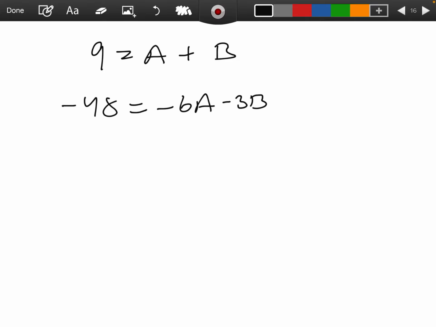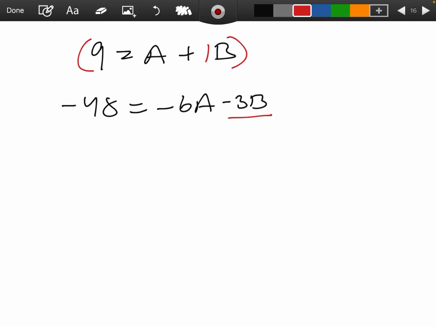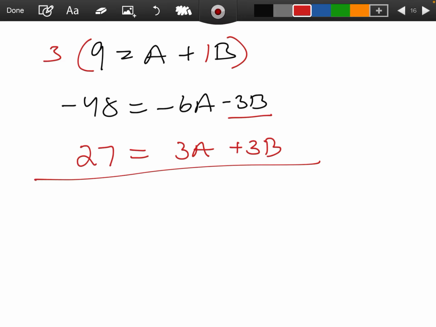Okay, if I want to use the elimination method or the addition method, what I'm trying to do here, y'all, is get rid of either the A's or the B's, okay? So suppose I want to get rid of the B's. If you notice, the number in front of this B is a negative 3. The number in front of that B right now is a 1. So if I multiply the top equation by 3, that's 27 equals 3A plus 3B.